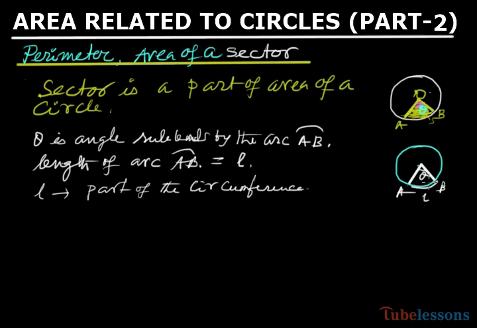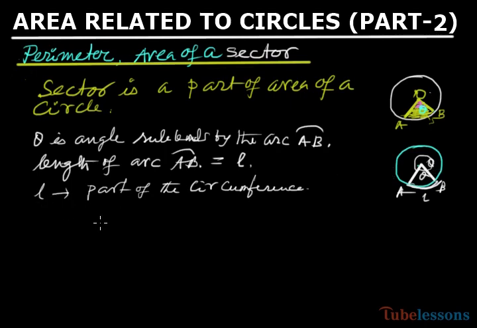If you observe this diagram, when the length of the arc is AB, it subtends angle theta at the center. And when you consider the whole circumference, the angle subtended at the center is 360 degrees.